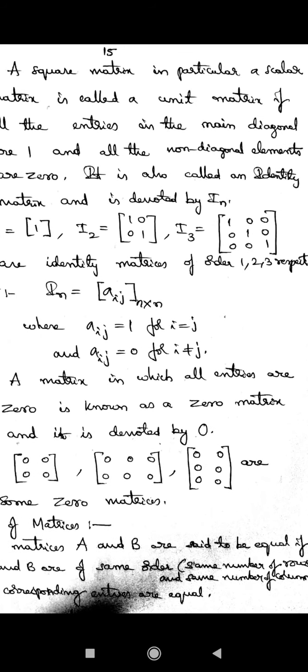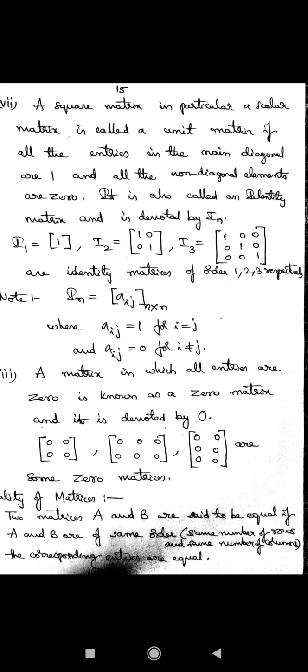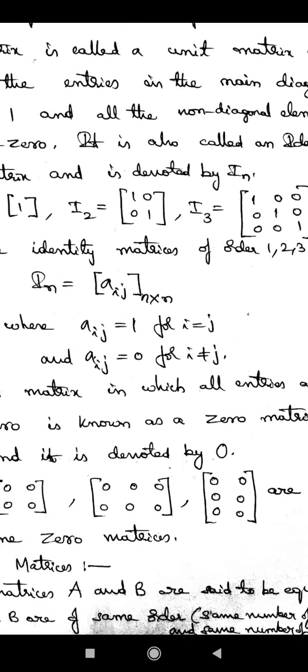But a zero matrix need not be a square matrix. It may be of any order. Here I have given you some zero matrices as examples. The first one is a 2 by 2 square matrix, and the second example is of order 2 by 3. Still it is called a zero matrix.